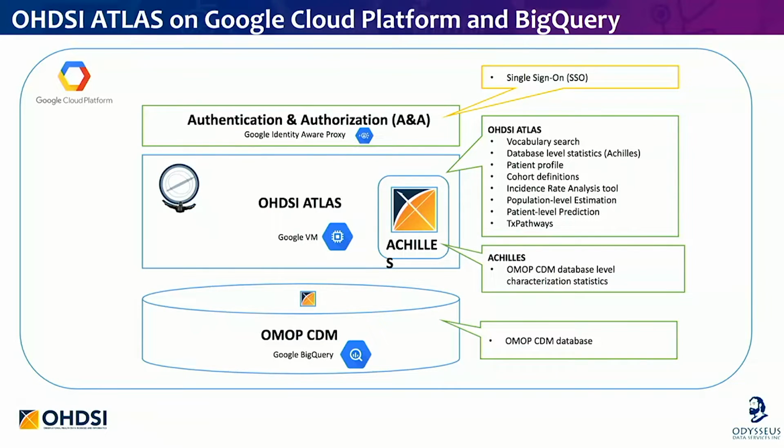My company, Odysseus Data Services, is one of the most active contributors in developing this tool. Atlas was designed to enable researchers and data scientists to design complex analysis studies and then execute those studies on top of an OMOP CDM database.